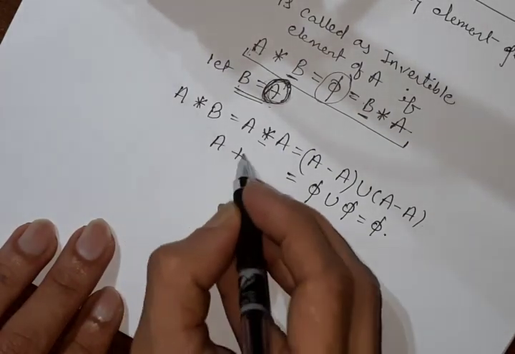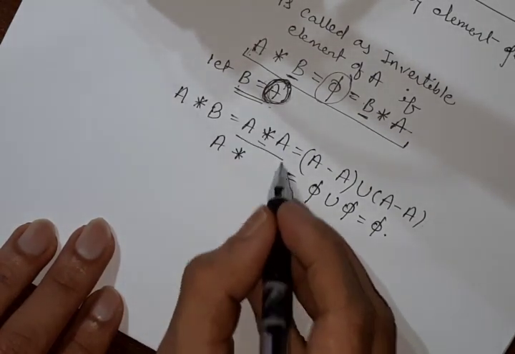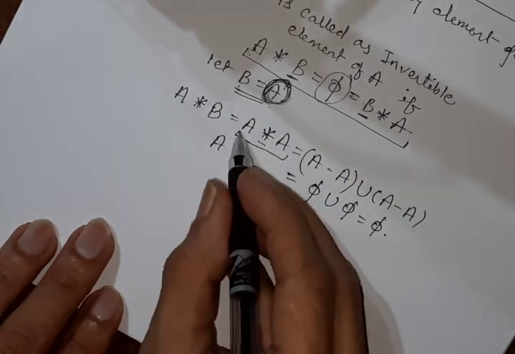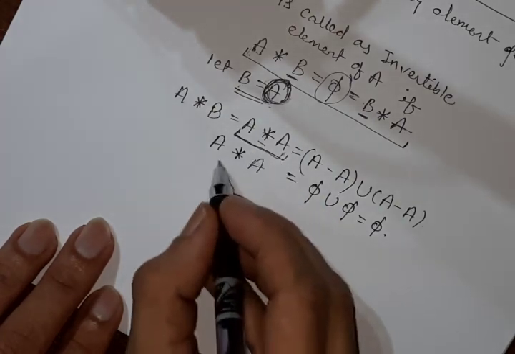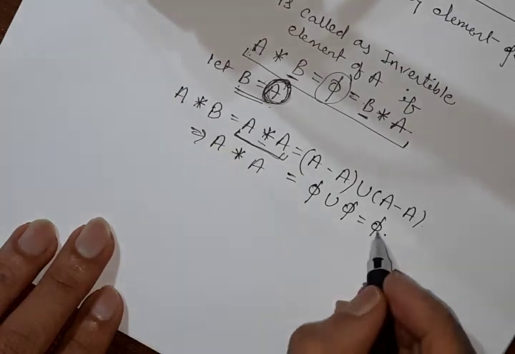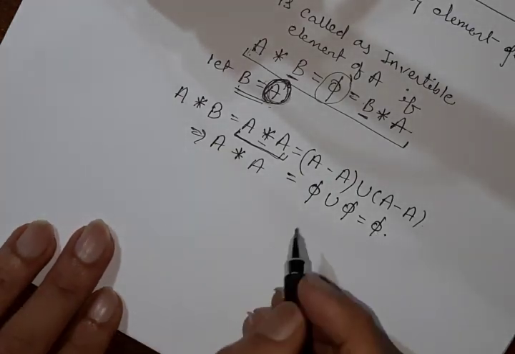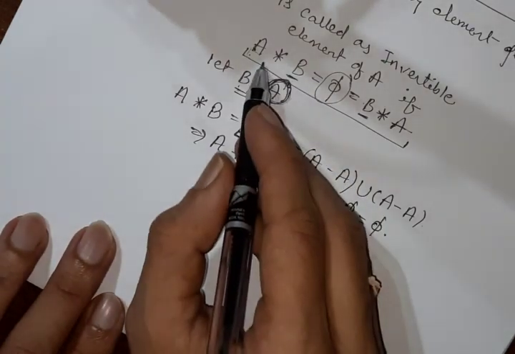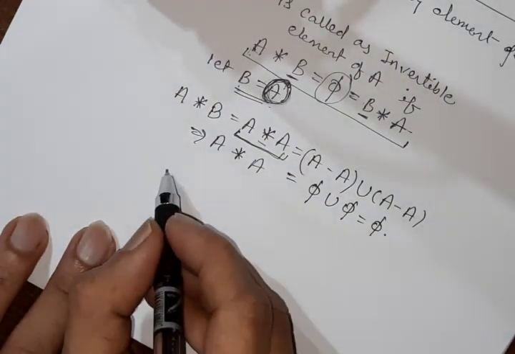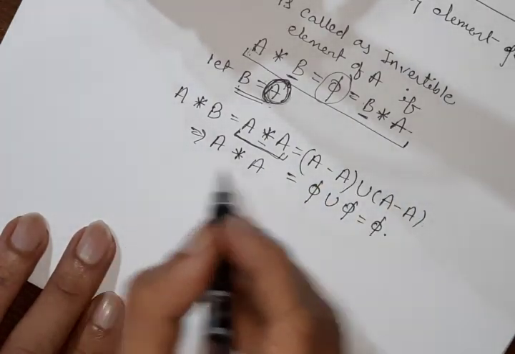So A star B, or if we write this here, A star A will be equal to the empty set. So this is the first condition you are getting here. Then if we check the second condition, what do you have to check?